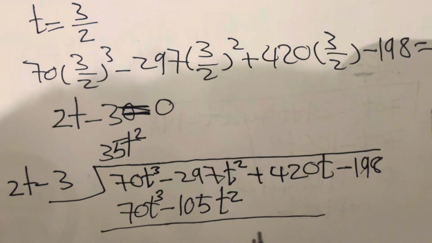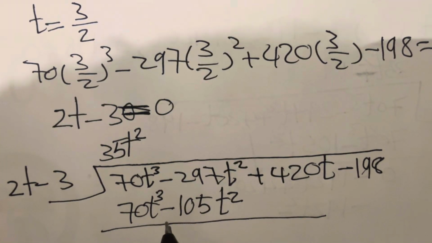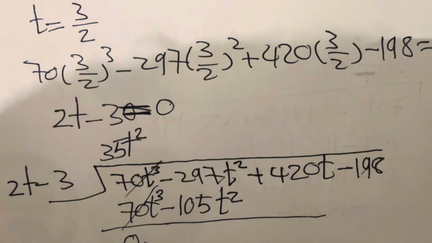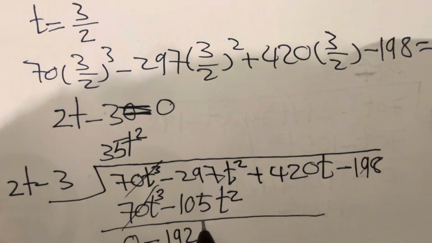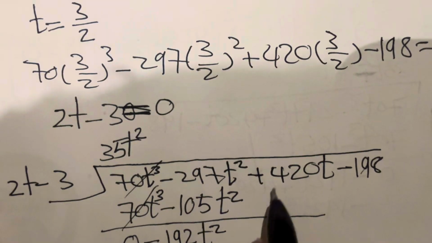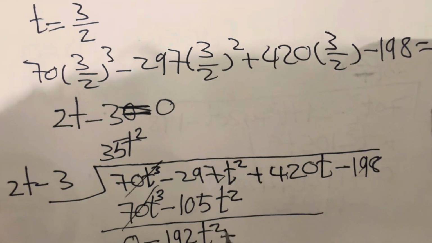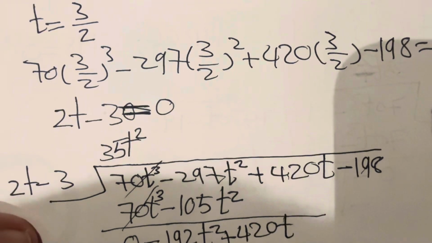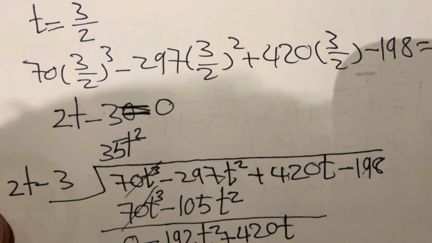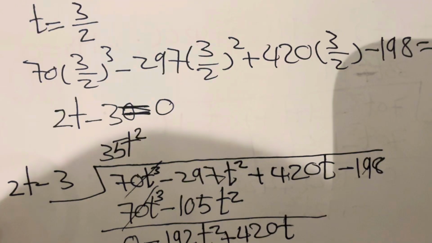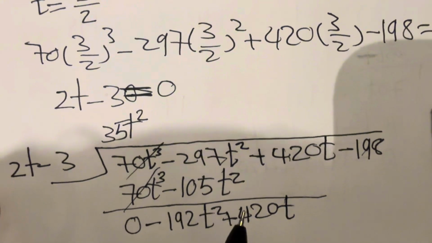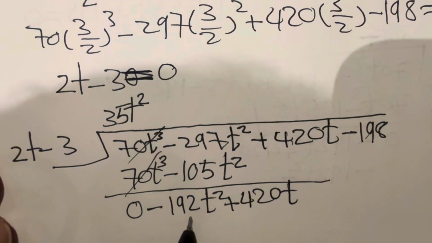If we subtract those two, this equals 0 minus 192t squared, and we bring this down plus 420t. Again, what number do we have to multiply to get minus 192t squared?